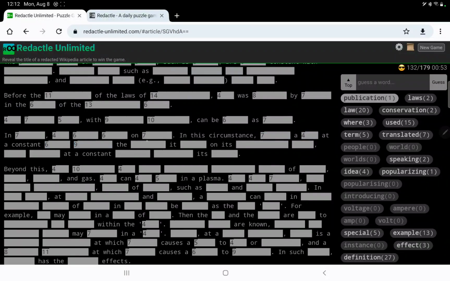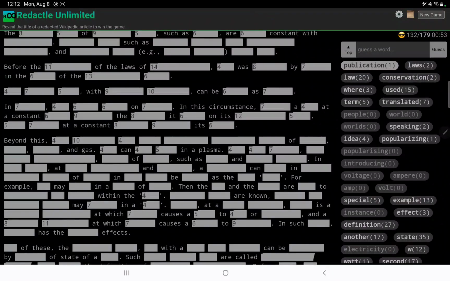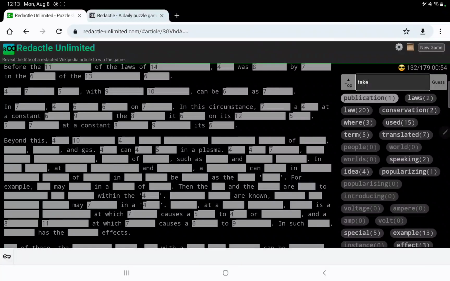A something at a constant 6, 9. The 8 at 6 on its merry way. 5, 7 at a constant 8, 9. It's something. 4 can take, no, can something in a plasma.